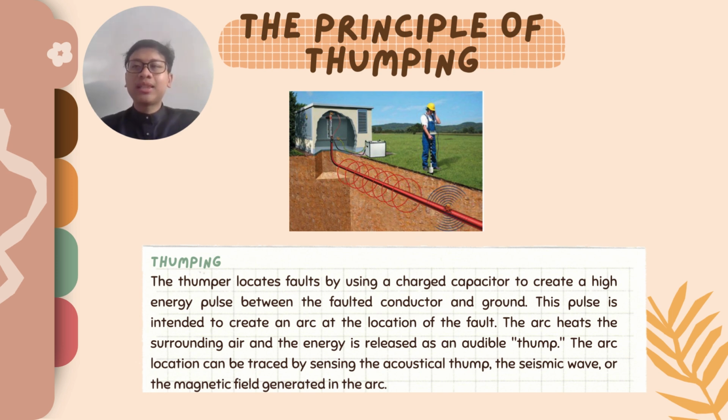The thump is created when the current in the arc hits the air, causing a pressure wave to expand outward from the arc channel. The initial current surge causes the air to expand much faster than the energy can propagate away from the arc channel, resulting in an enormous increase in pressure and thus creating a shock wave.